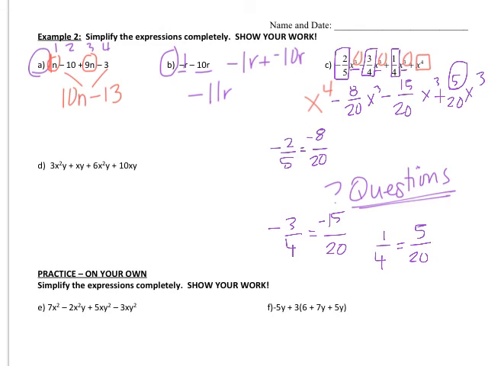So I'm going to finish with x to the fourth minus 18/20 x to the third. And I think that's it, because I was able to combine all of my coefficients, 8/20, 15/20, and 5/20.